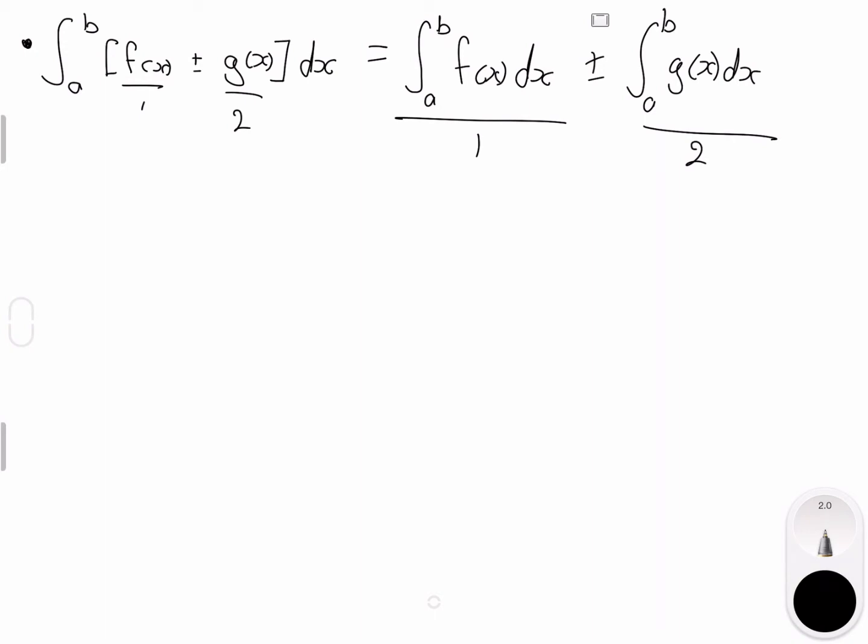Alright, let's have a quick look at an example, and then we will leave it there. So, using the fundamental theorem of calculus, find the area between the x-axis and y equals x squared, between x equals 0 and x equals 1.